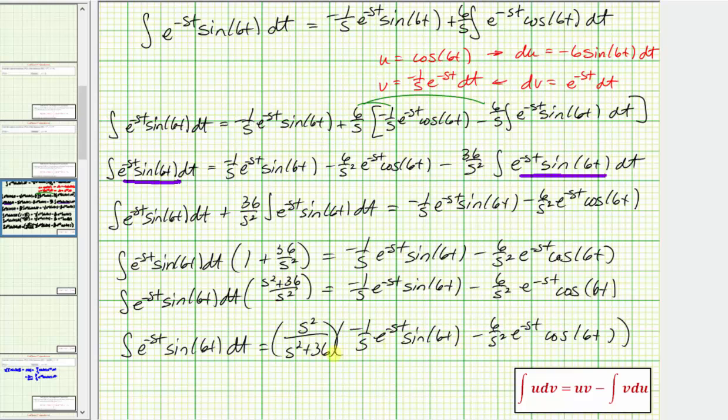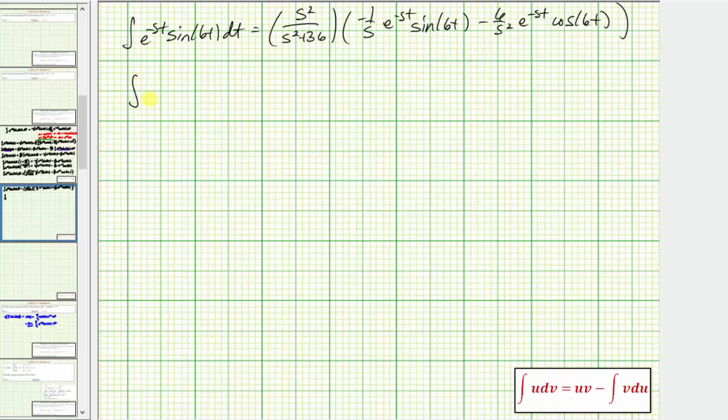And now for our last step to find the indefinite integral, let's simplify this product. So we have the integral of e to the negative st sine 6t dt equals, notice how for this first product, one factor of s will simplify out. So let's write the first product as negative s e to the negative st sine 6t divided by the quantity s squared plus 36.